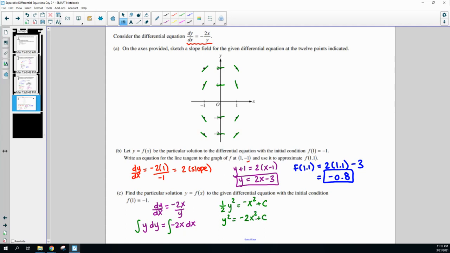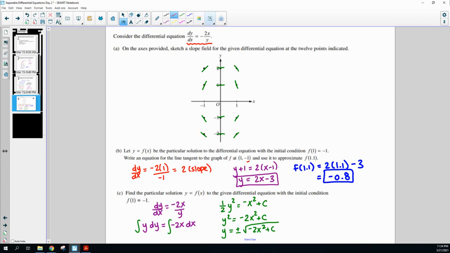I'm going to keep c as c because even though I multiply it by 2, I'm still going to just get a constant. Now I'm going to take the square root of each side. So y equals, remember when you take the square root, you get plus or minus the square root of -2x squared plus c. So that is our general solution.